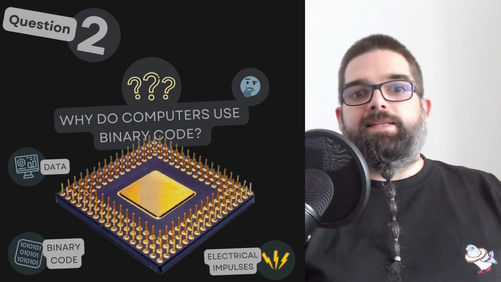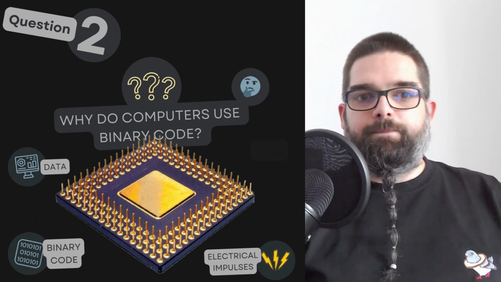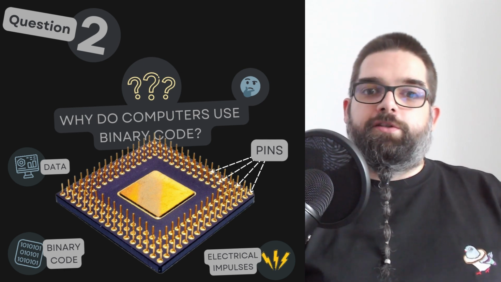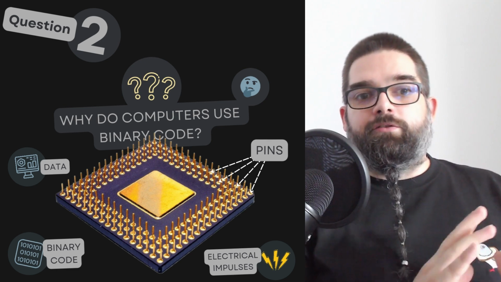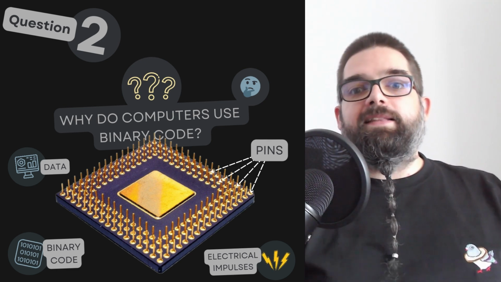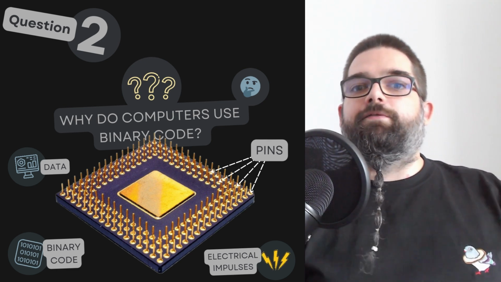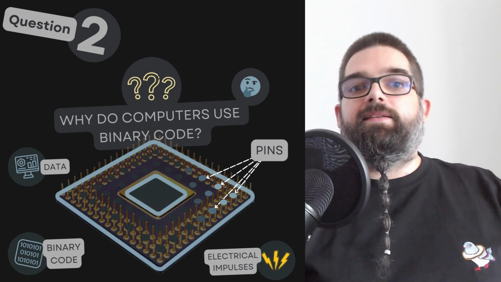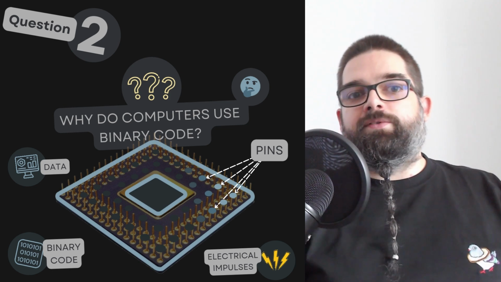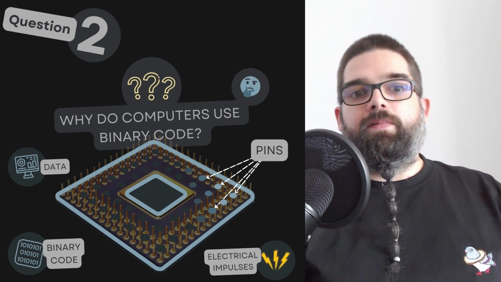A processor has hundreds of tiny pins. The most modern processors can have even up to 2000 pins, and those pins are used for sending information to and from the processor. The data are sent as an electrical impulse through those pins.